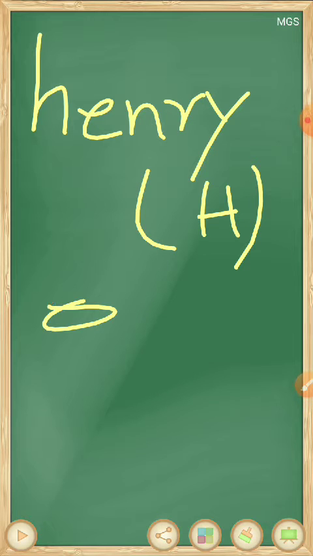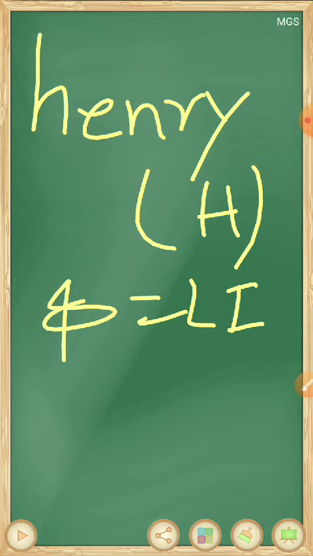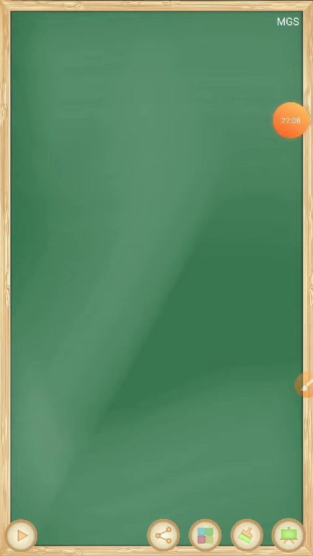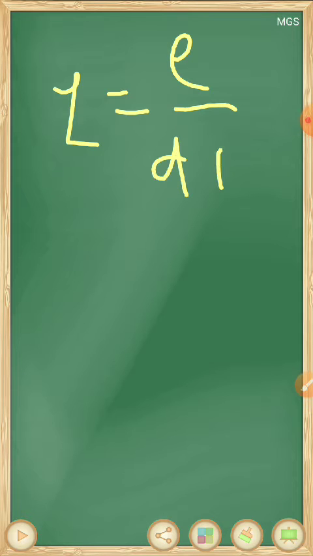Say phi is equal to L into I. So L is equal to E by di by dt.